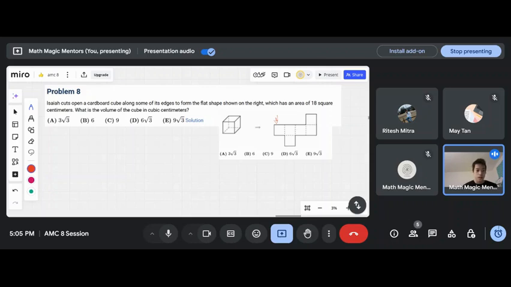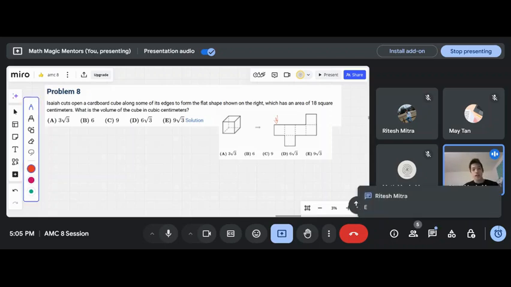Does anyone have any ideas? So I think the first idea that comes to mind for me is that all of the faces are squares.